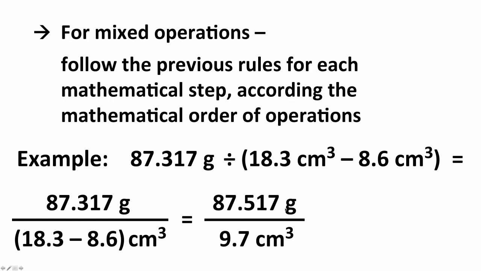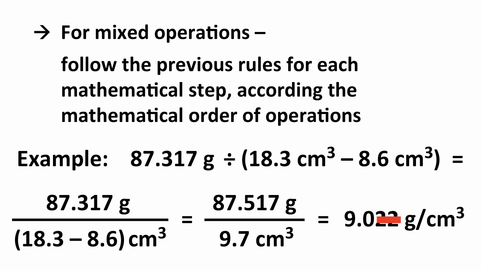Then we can do our division, and 87.517 grams has 5 significant figures. 9.7 cubic centimeters has 2 significant figures. We divide this, and the calculator will show 9.022, lots of digits, but a 5-digit number divided by a 2-digit number is going to round off to a 2 significant figure value.